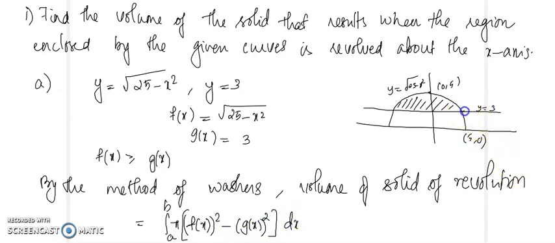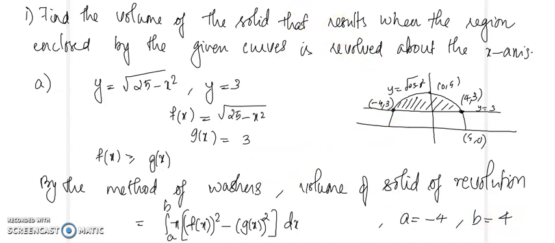Now when y is equal to 3, when you take root of 25 minus x square, that will be root 16. So this coordinate will be 4 3, and this coordinate will be minus 4 3. Therefore here a will be equal to minus 4 and b will be equal to 4.